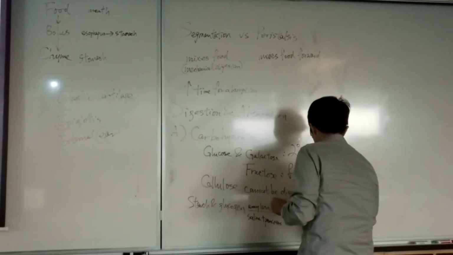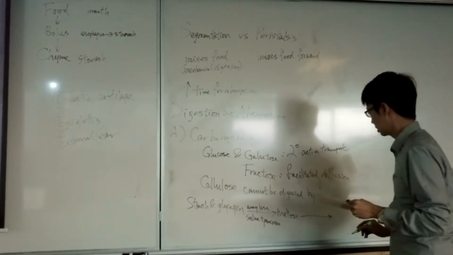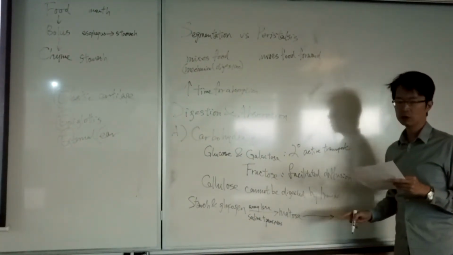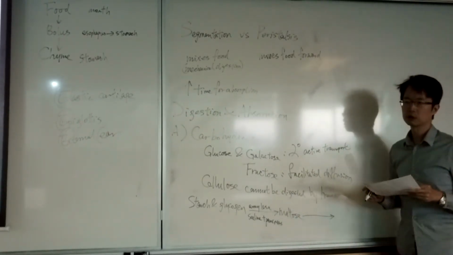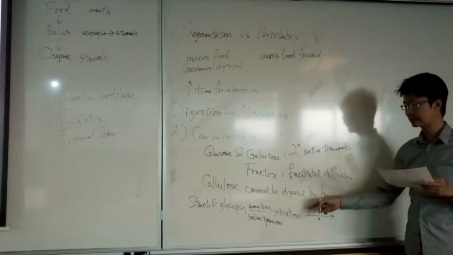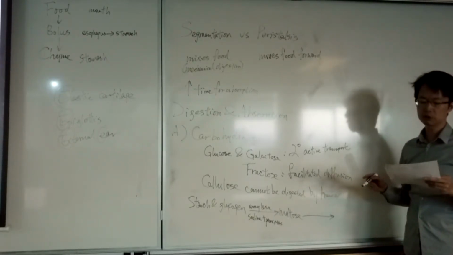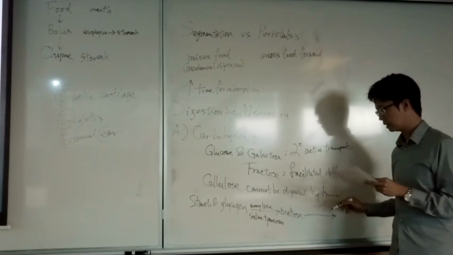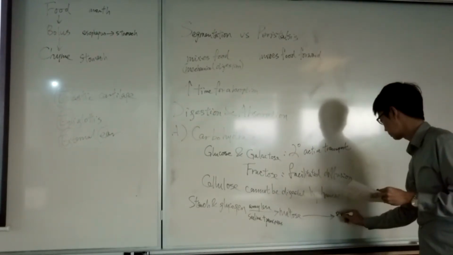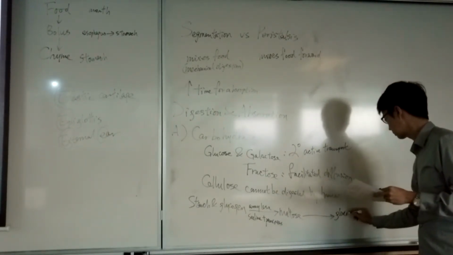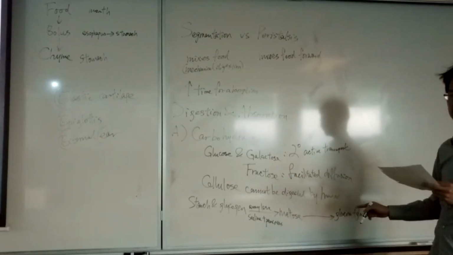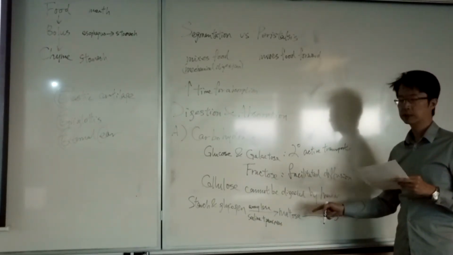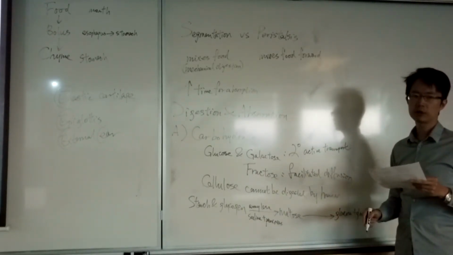And then after it becomes maltose, again, if you remember, it is glucose plus glucose. It is a disaccharide made out of two glucose molecules. It will become glucose plus glucose. What enzyme will break down maltose into two glucose molecules?